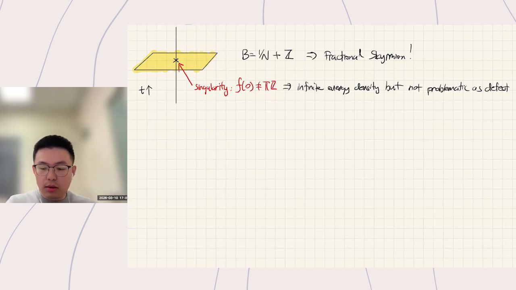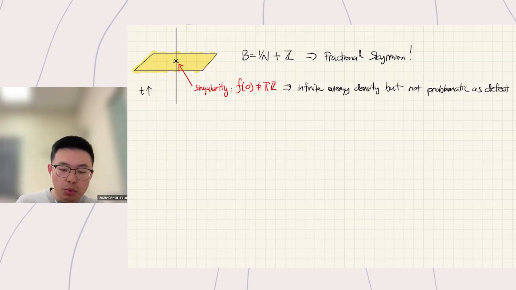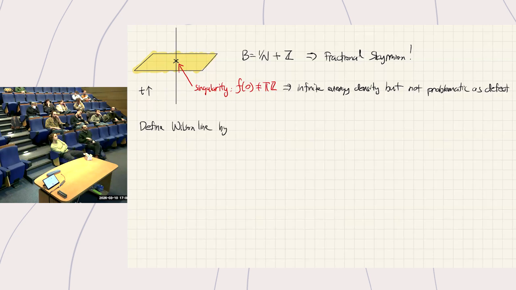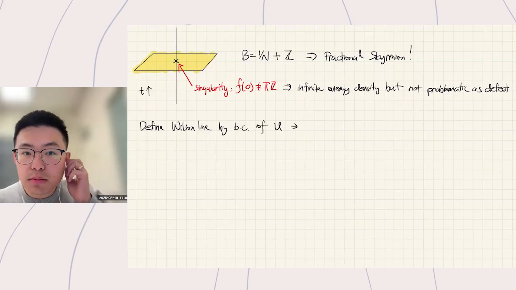And now with the idea that we want every state in this defect Hilbert space to carry fractional baryon number, which is given by 1 over n plus some integer, we can try to come up with a way to force this to happen, okay? The way we'll do it is to think about the Wilson lines as some kind of boundary conditions. So we'll define the Wilson lines by boundary conditions of the sigma model field. Are there some questions?